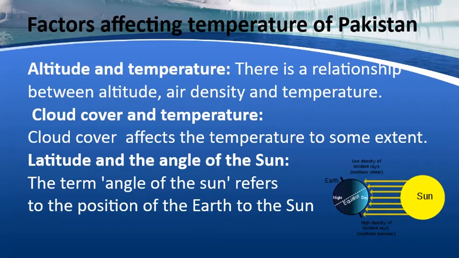Cloud cover and temperature. Cloud cover affects temperature to some extent. In the daytime, it reduces the amount of incoming solar radiation by reflecting it back into outer space, resulting in a drop in day temperature. At night, the cloud cover traps the outgoing heat.